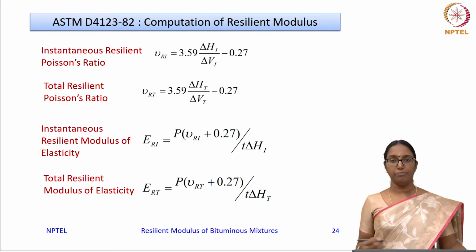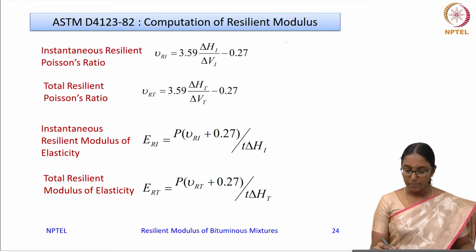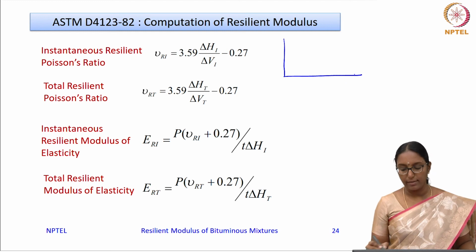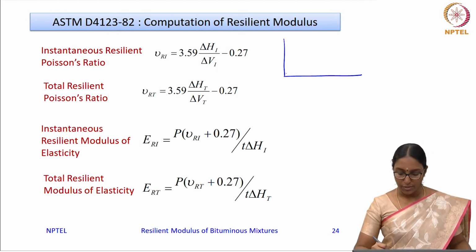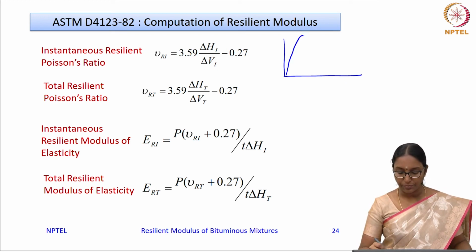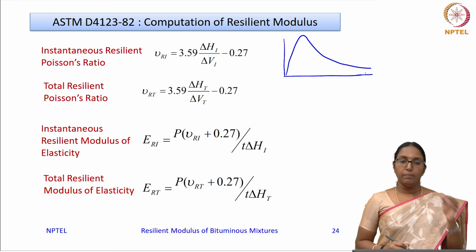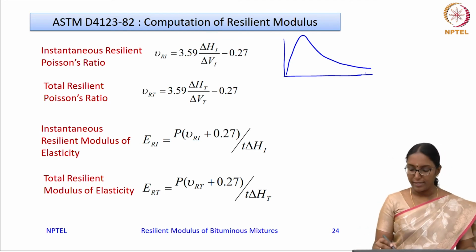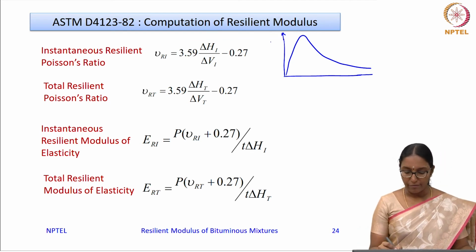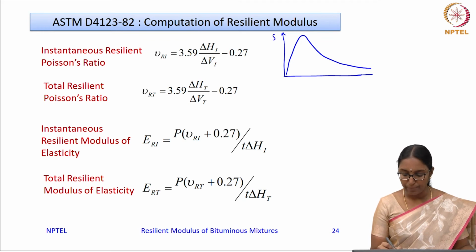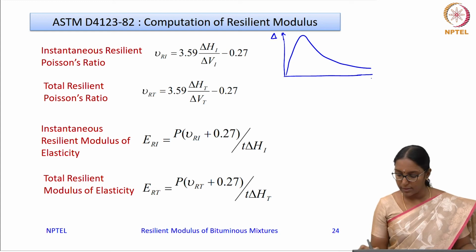Okay. Now, these are the computations. From the last 3 test cycles, you take the average value. Suppose this is the deformation. It goes down like this. Okay. So this is the deformation of one cycle I have noted here, I will mark it as delta, and this is time.